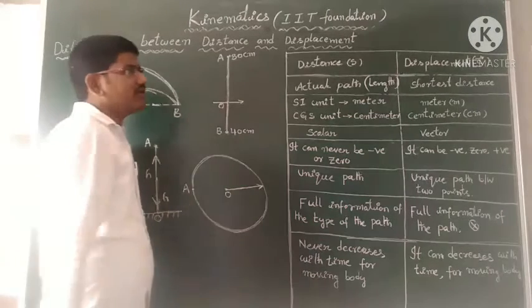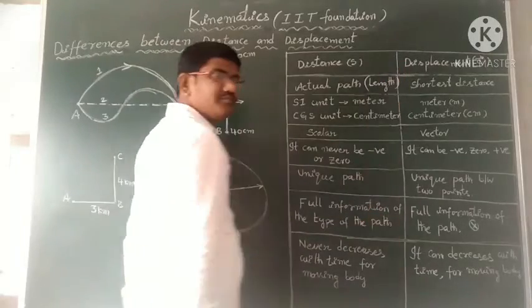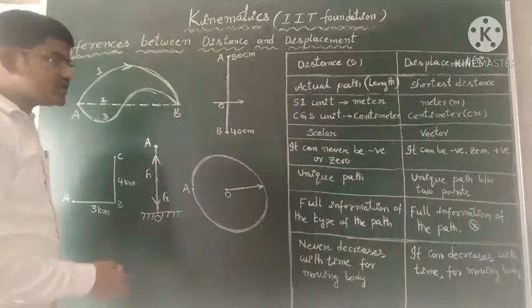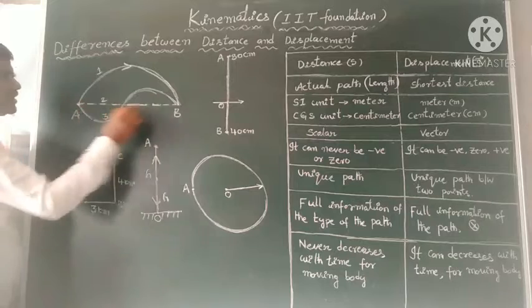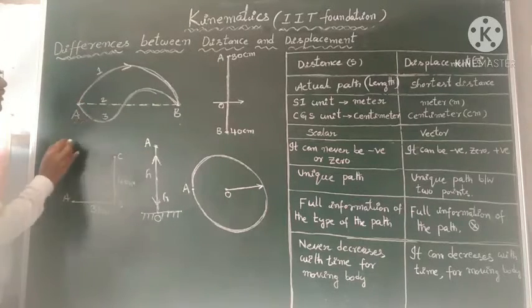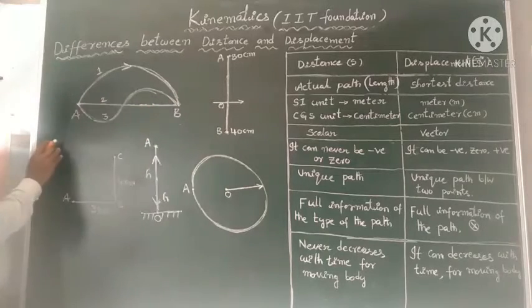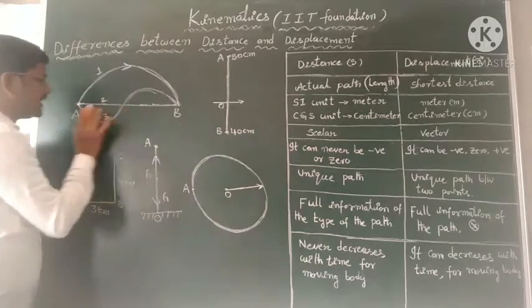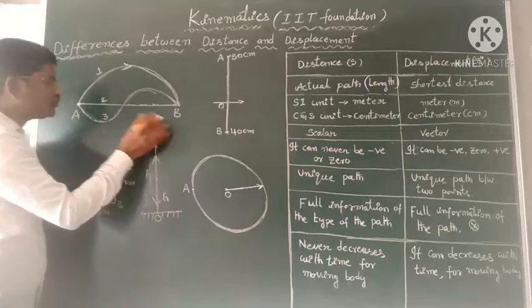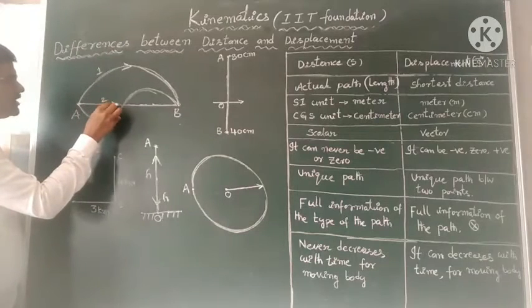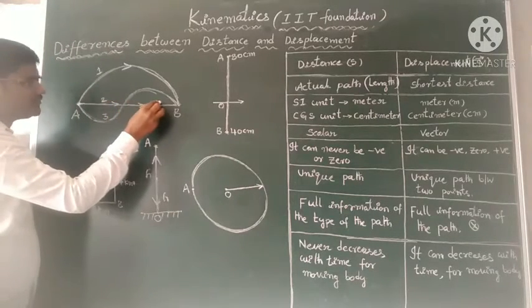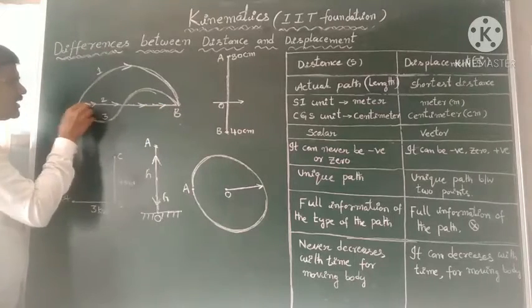And displacement means the shortest path. Between A and B, out of all the paths, this is the shortest path. To get the shortest path from A to B, we should move in a specified direction from starting to ending.